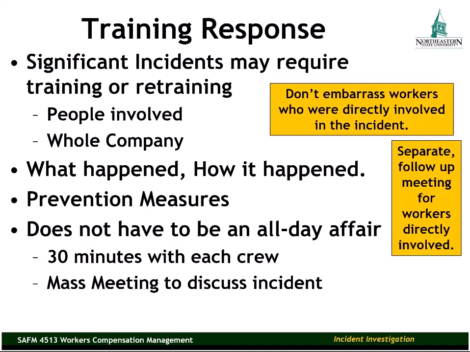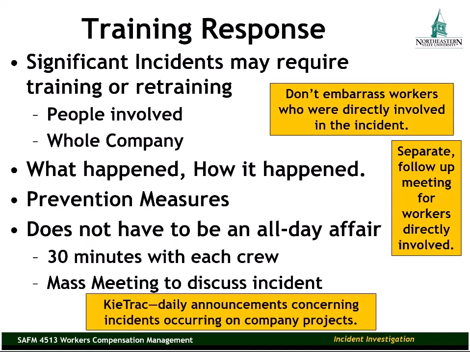I don't remember the name of the job, but it was one of these mega jobs. It's been a long time ago, but they had a fatality on the job. And everybody on that job, we had a stand down for this meeting. Everybody on the job had to be at this mass safety meeting to discuss the incident. What happened, how we're going to keep it from happening in the future.